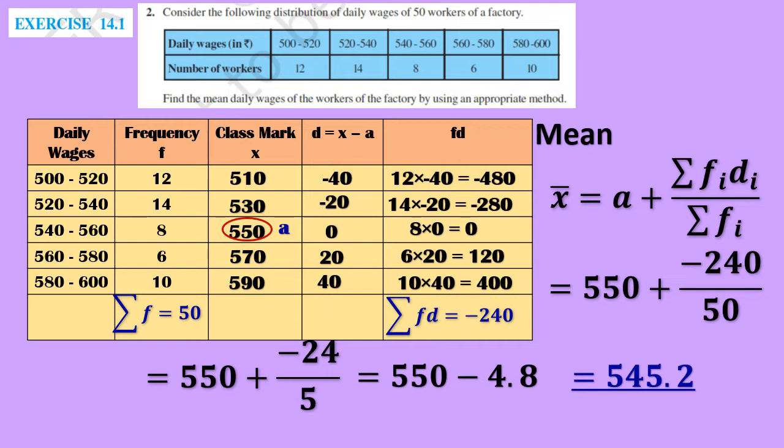So subtract it. So what is the answer? 545.2. So the mean daily wages of the workers of the factory is equal to 545.2. Got it?